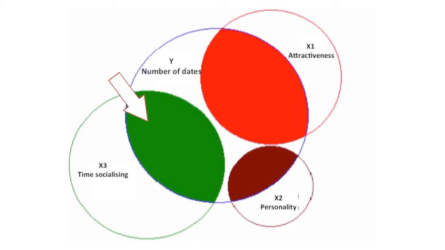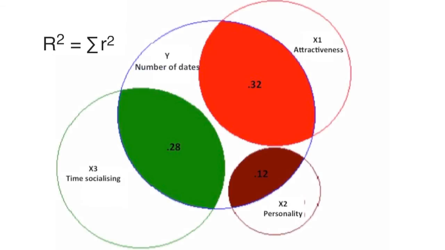The green coloured portion represents the shared variance of x3 and y, the variance of x3 that explains the variability of y. Now, when independent variables are uncorrelated, their individual correlations with the dependent variable are additive. And to find the big R squared, one simply adds the little r squared values for each independent variable.